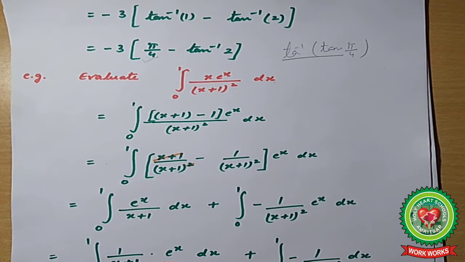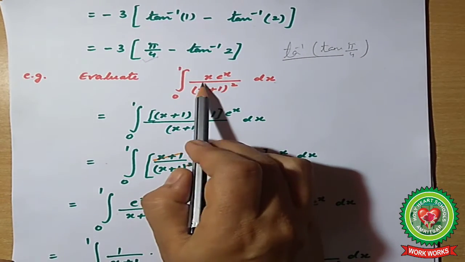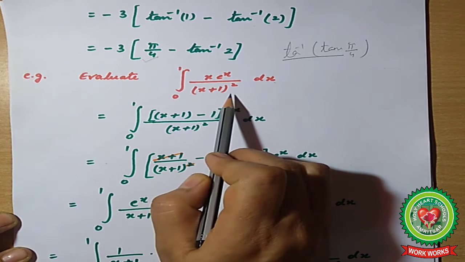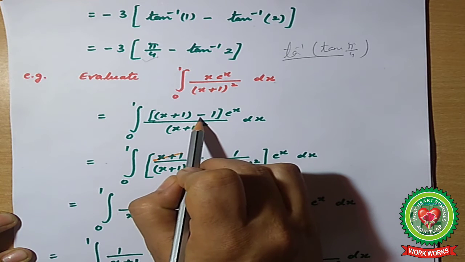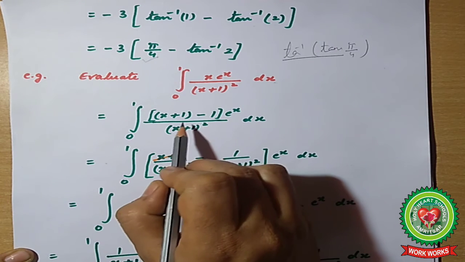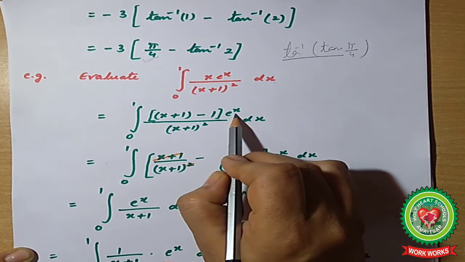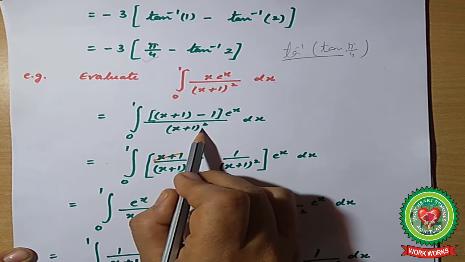First of all, we check in the numerator, only x is there. We can separate the value if we add 1 and subtract 1 in the numerator. Now, we will add 1 and subtract 1 in the numerator, e raised to power x as it is there and x plus 1 whole square as it is there.